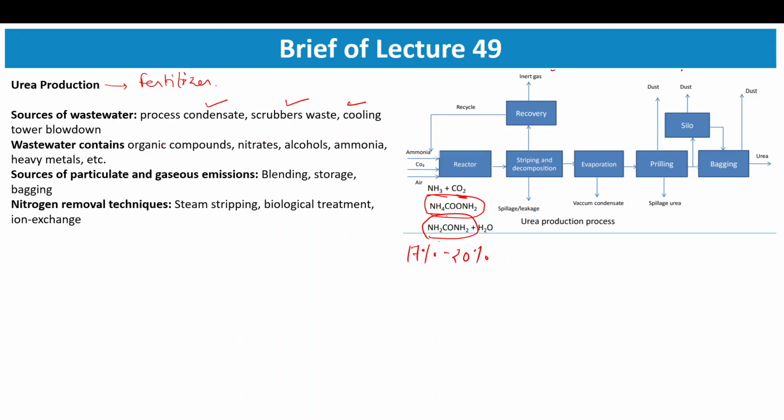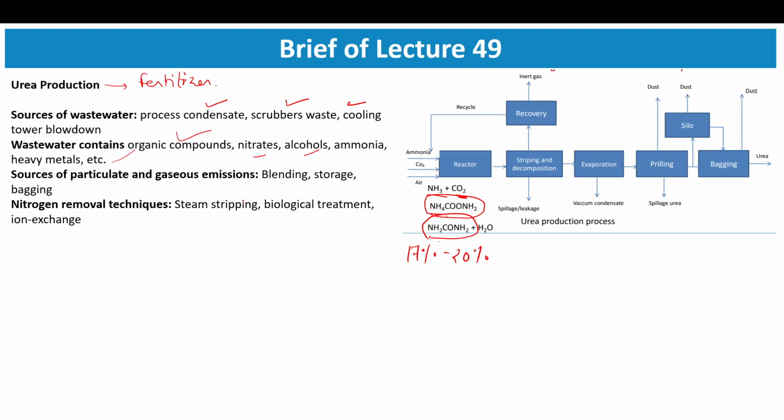It usually contains some organic compounds because here you are synthesizing urea. Then there will be some nitrates, because ammonia is used, so nitrogen-containing compounds or nitrates can be obtained. Alcohols, then some sort of heavy metals are also obtained. Nitrogen is the major pollutant here.